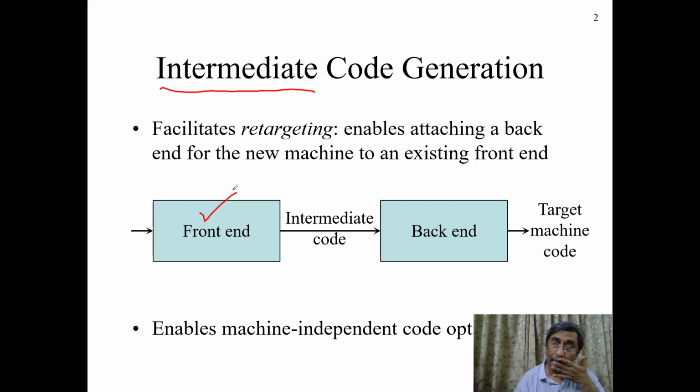The front end of the compiler does not change depending on the machine architecture, but the back end of the compiler will change depending on the machine architecture, and therefore compiler as such is a system software.